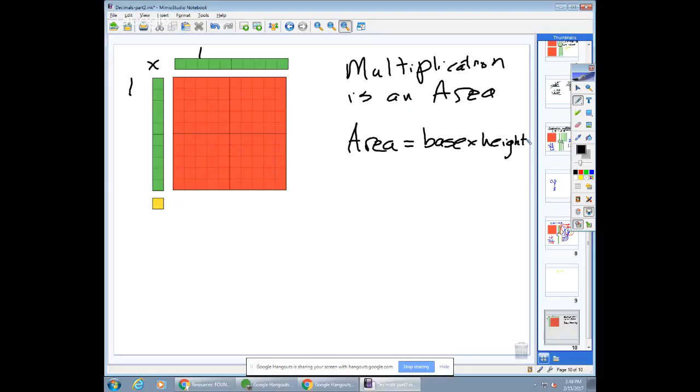So if I have a region that has a base of 1 and a height of 1, then the area must be what? 1. So this is my new key for multiplication. And I'm mainly concerned about the fact that multiplication is an area. So this red shape right here is 1 for an area in multiplication.